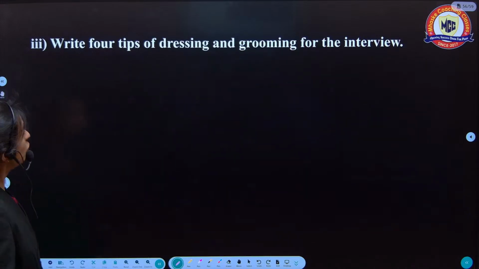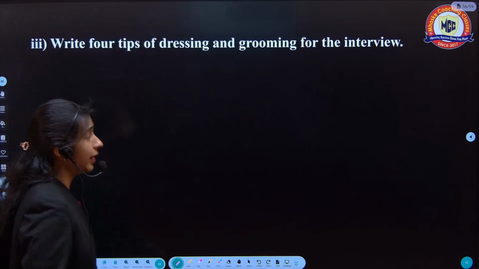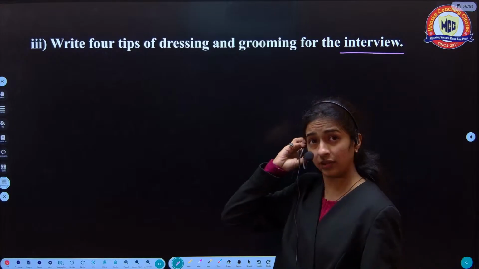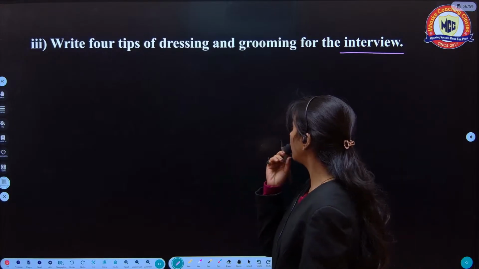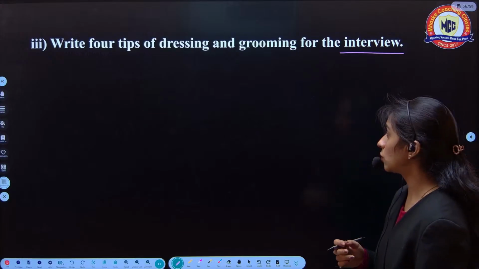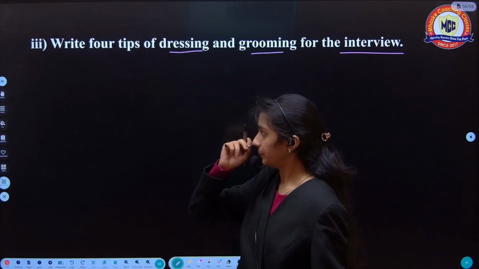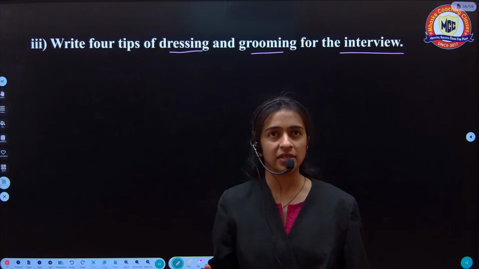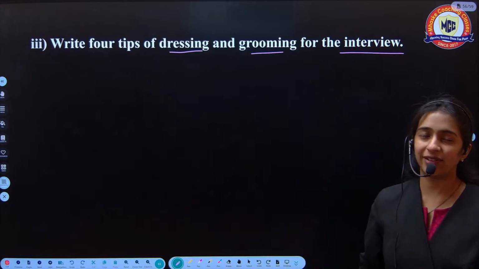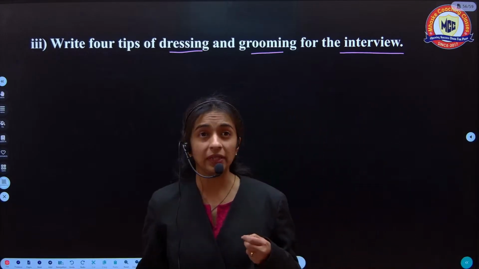Next, write 4 tips of dressing and grooming for an interview. So interview means it's not a casual thing. It's really, really important in everyone's life. And when you want to crack the interview, you have to make sure that you are properly dressed up and groomed. What do you mean by dressing and grooming? Yes, correct, exactly. So dressing means the way you dress up, you're formally dressed up.